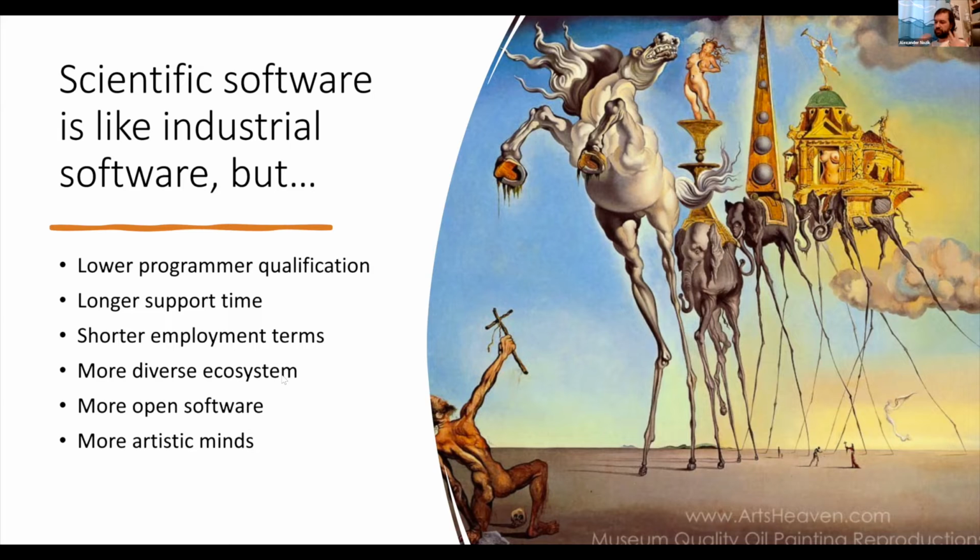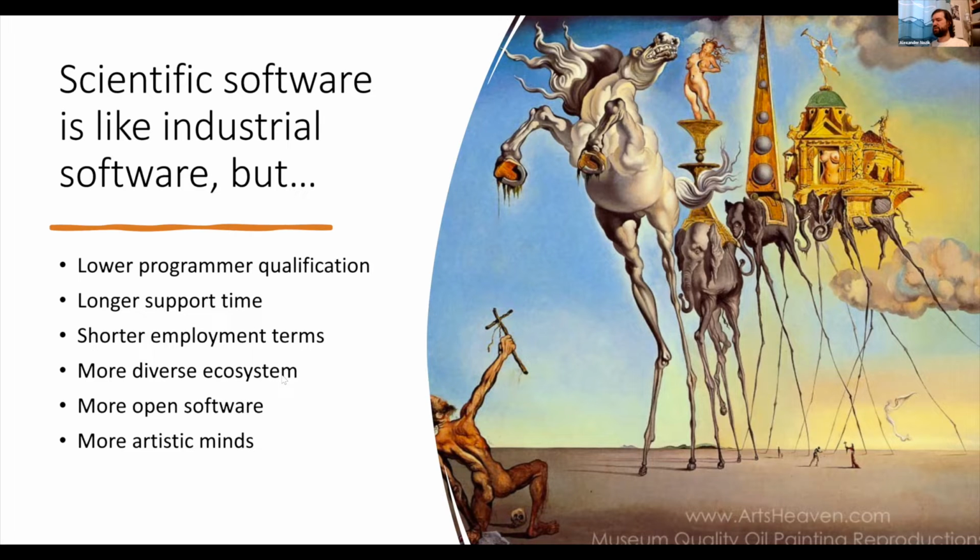Also, more diverse ecosystems. Scientists want to try different things and they try new languages, new technologies. This is what science is for. But in the end, it is also a problem because those tools do not always work together. Science is, or at least should be, open source.